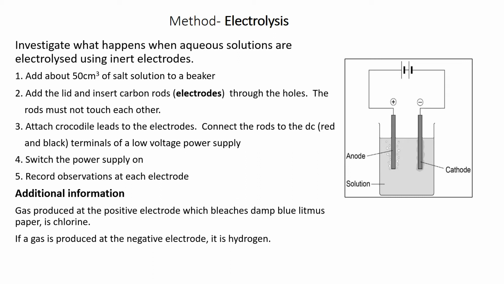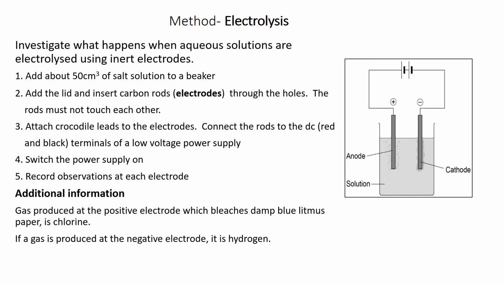Yes, they're your carbon rods, and we're pushing them through holes in a piece of wood so that the rods don't touch, because we don't want the rods to be touching each other. We know that graphite, due to free electrons, is able to conduct electricity. So we don't want to make a circuit with the rods. We want the circuit to be made through the molten or aqueous solution.